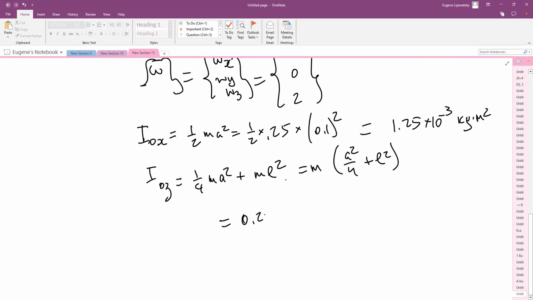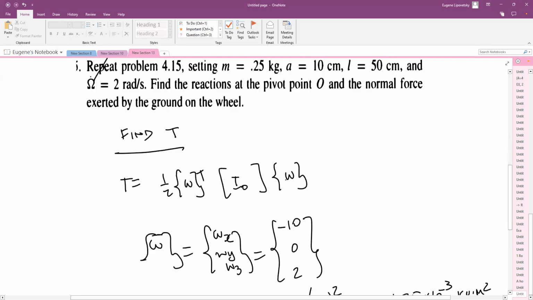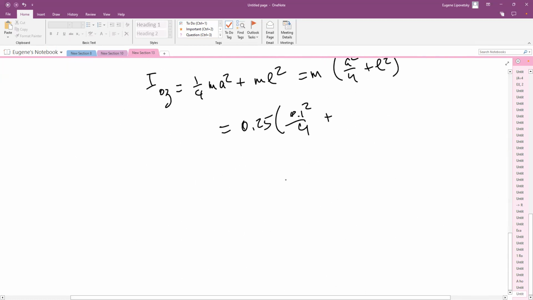The M is 0.25. The A is 0.1 squared over 4. And the L is, I believe, 50 centimeters. That's 0.5 squared.